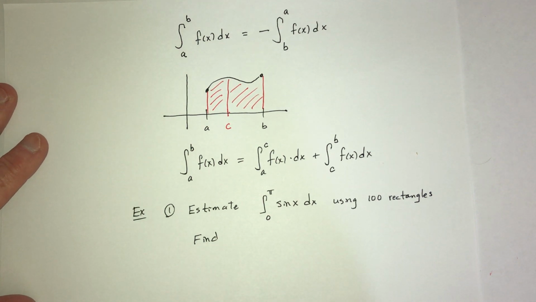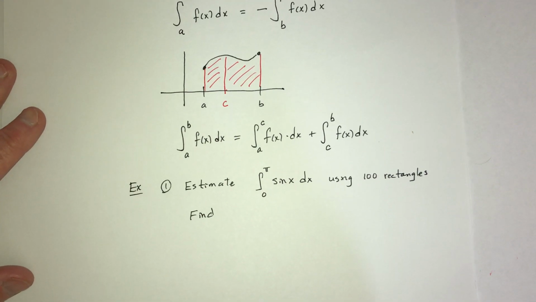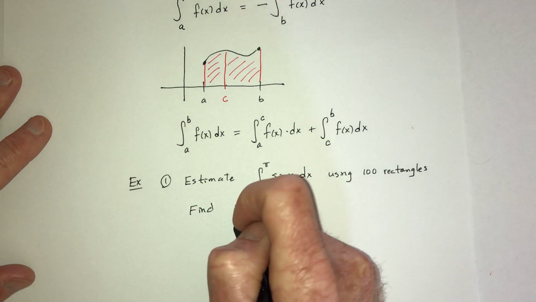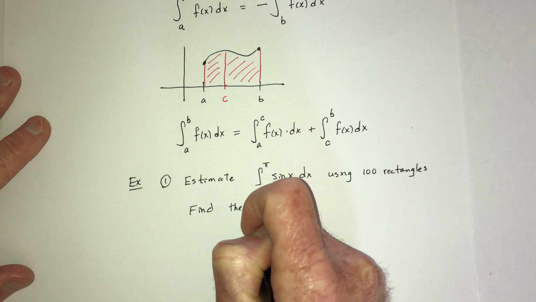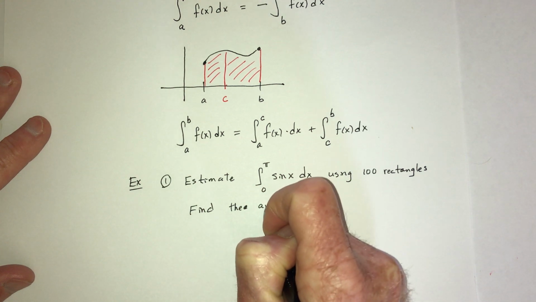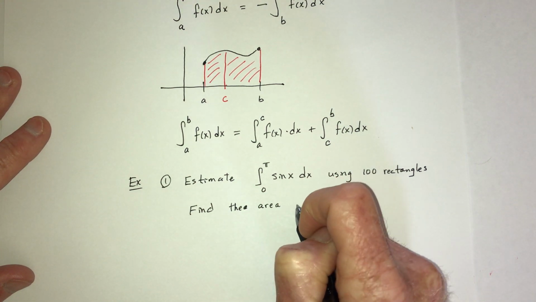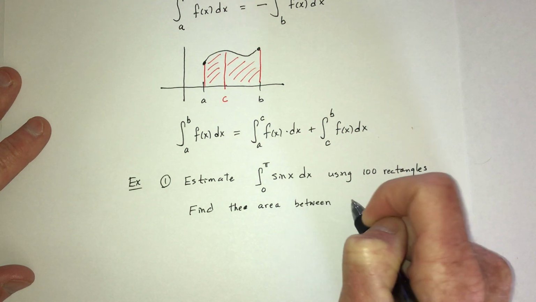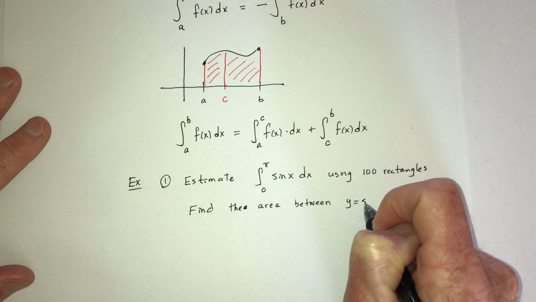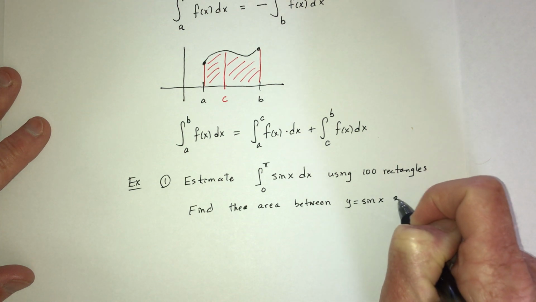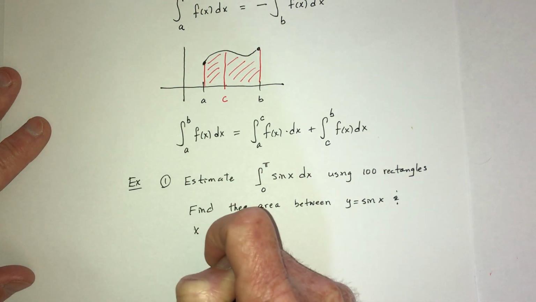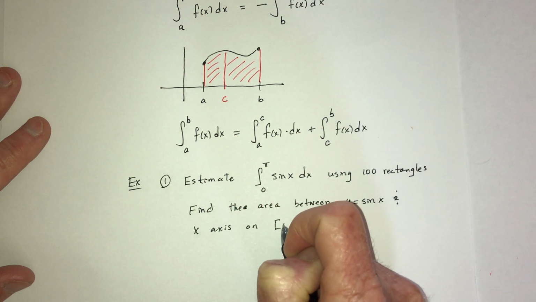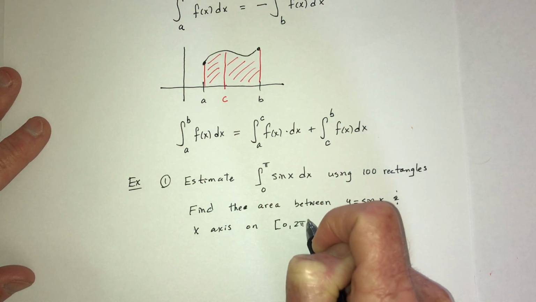One, estimate the integral of sine of x going from 0 to pi using 100 rectangles. Then find the area between the function sine x and the x-axis on the interval from 0 to 2 pi.